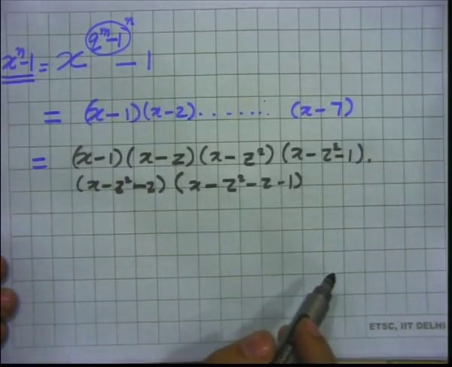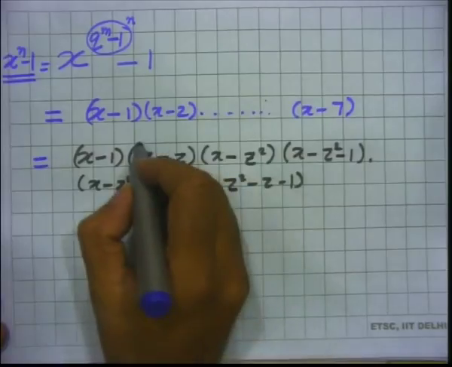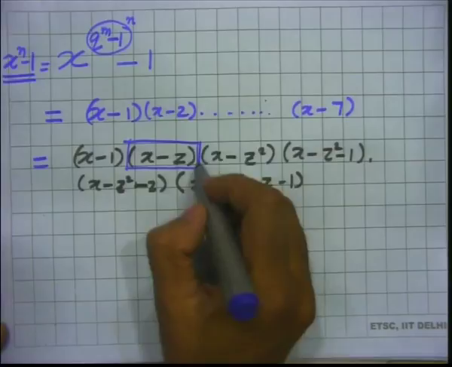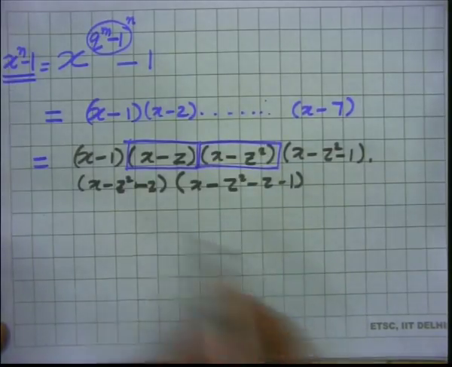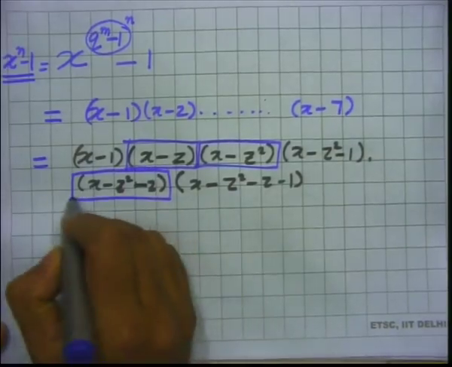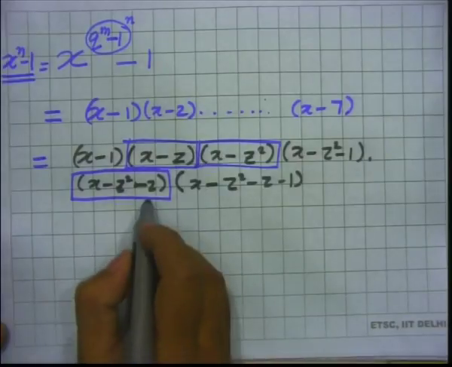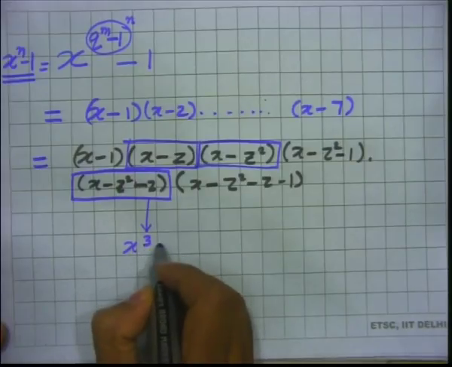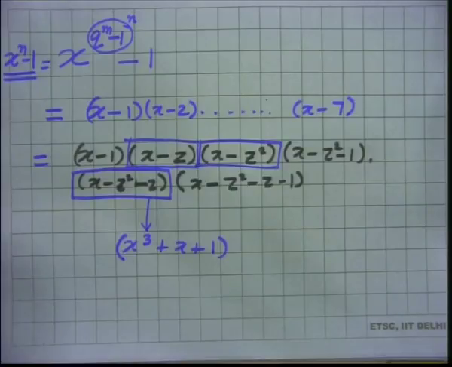So, what is important is to observe that x minus z, x minus z squared and x minus z square minus z, right, these together, when you multiply them out, form x cubed plus x plus 1, right.